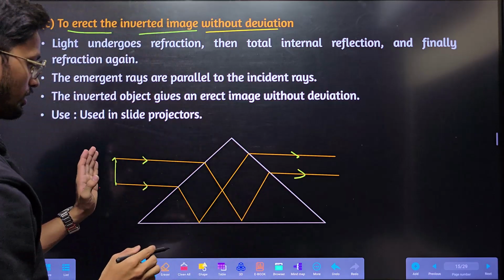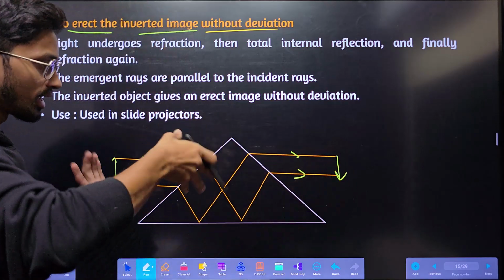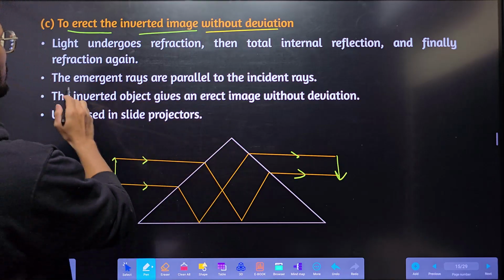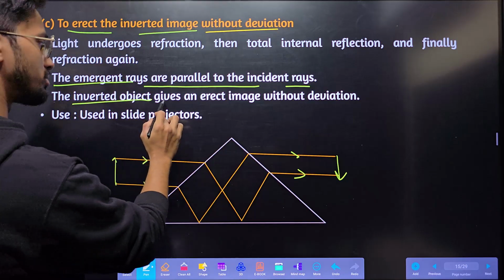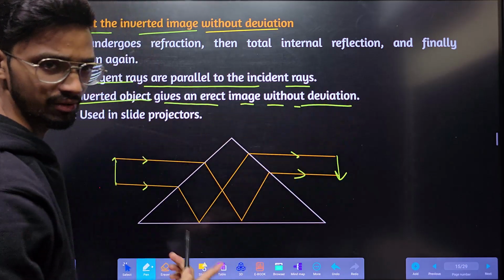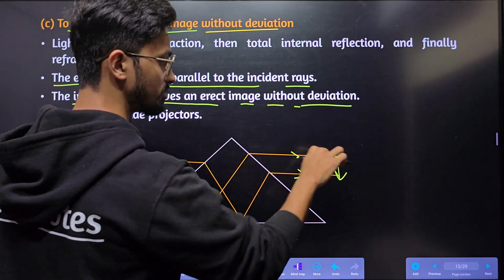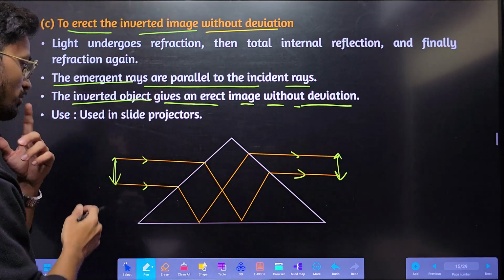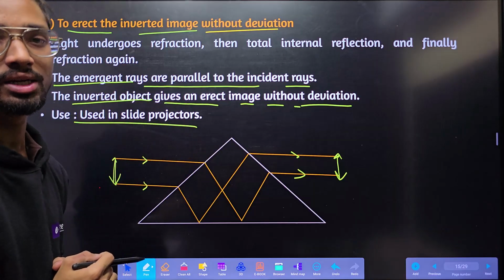See, the image was like this, but this image will be inverted. The emergent rays are parallel to incident rays. The inverted object gives an erect image without deviation. Object like this, used in slide projectors. Where is it used? In slide projectors.